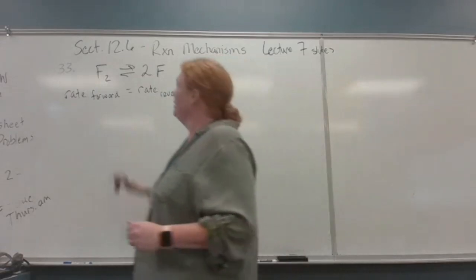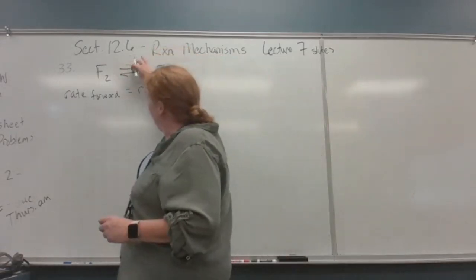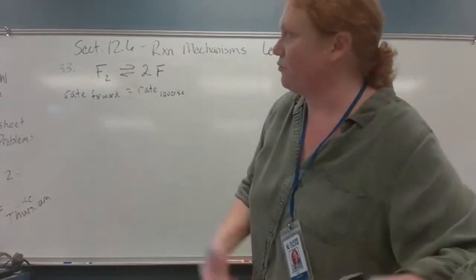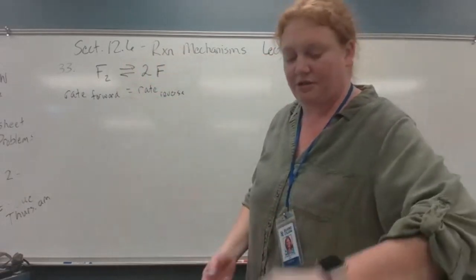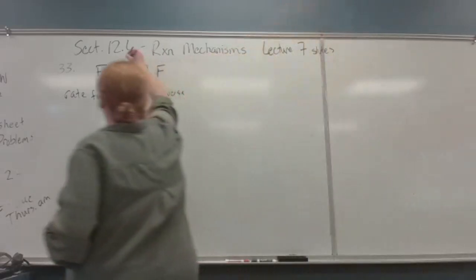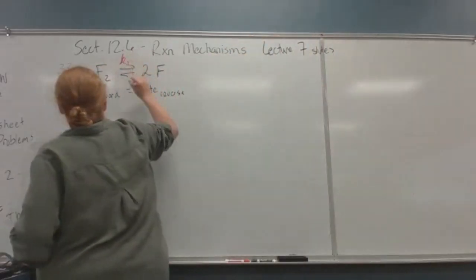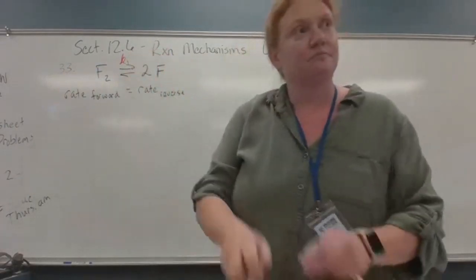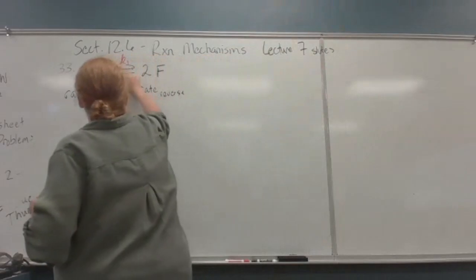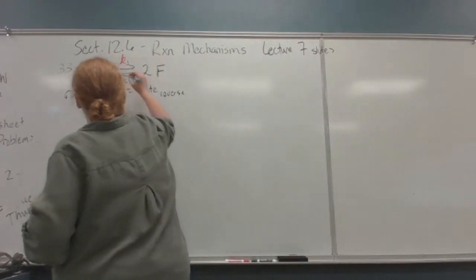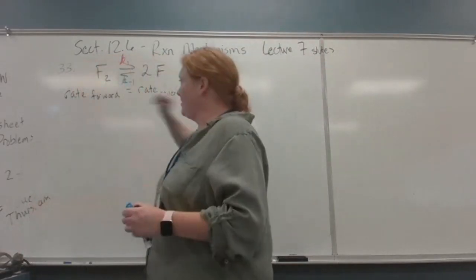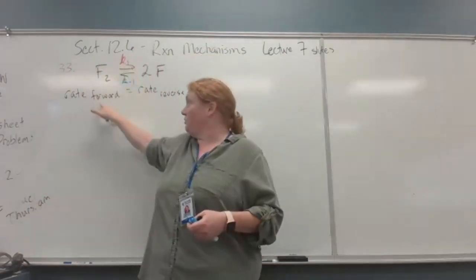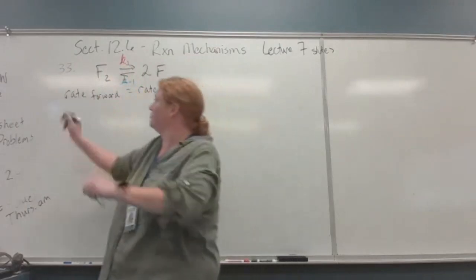The rates are equal. So what if I was going to give the forward reaction a K value? I would probably call it K1 without any other knowledge. Step 1, K in the forward direction, K1, and then the reverse direction, I would call it K minus 1. So I know that the forward rate law would be equal to what?